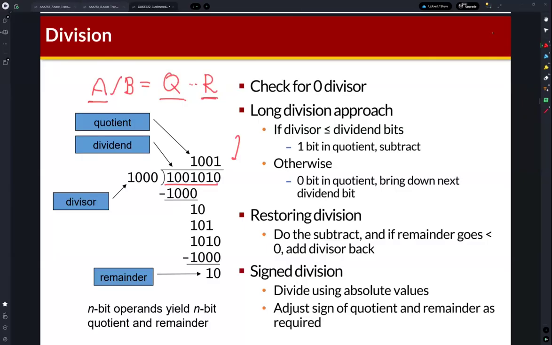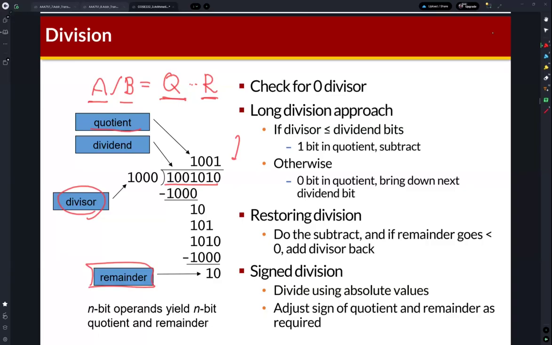B divides number A, so B is called the divisor. The result Q is called the quotient, and you can also get the remainder, which is the result of the modulo operation.